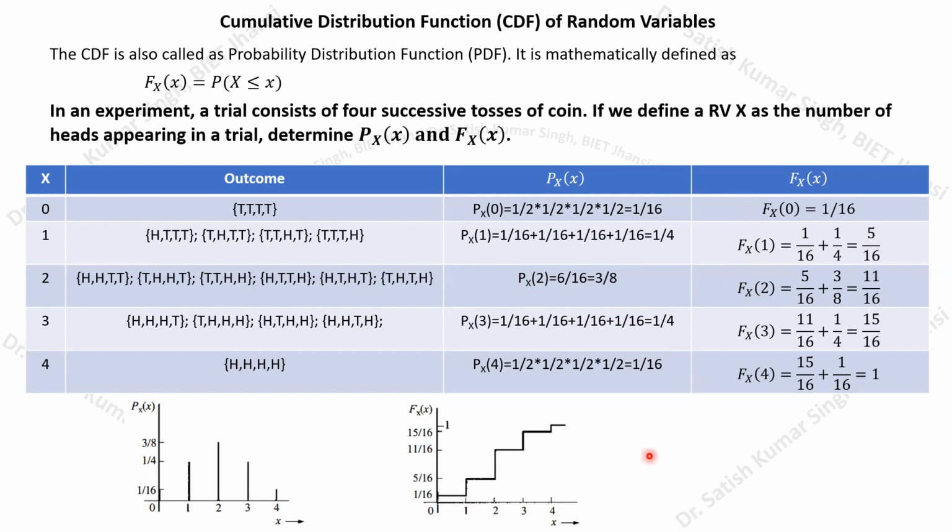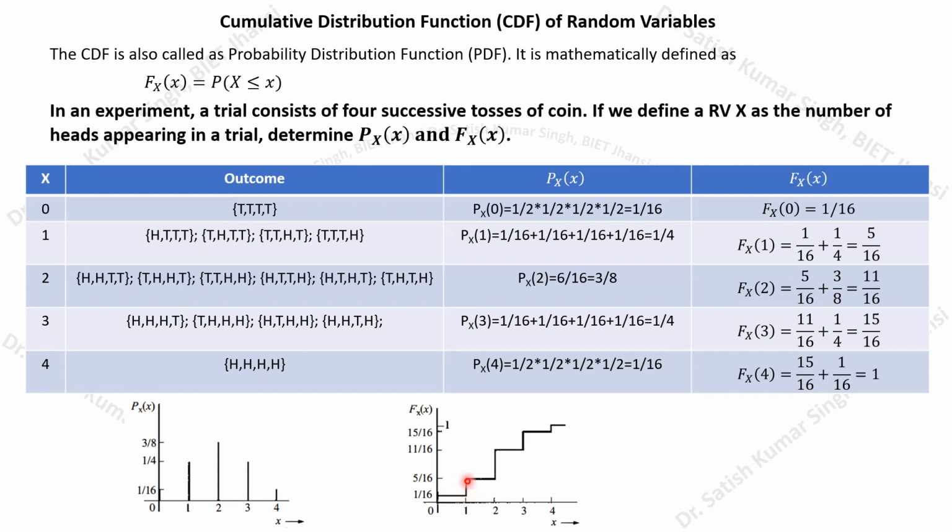If you wish to calculate F(0.99), it means the probability that X is less than or equal to 0.99. There is no probability of getting X equal to 0.99, but below 0.99 there is the value X equals 0, and therefore that value equals 1 by 16. So this value is constant at 1 by 16 up to X equals 1.